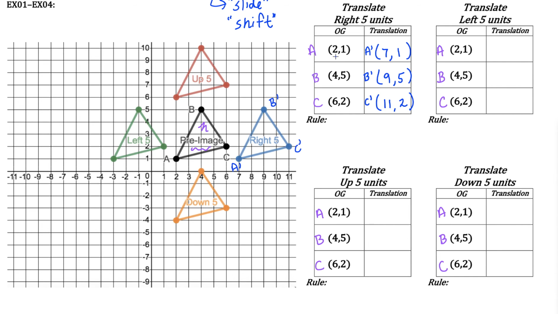If you see, from 2, 1 to 7, 1, the 1s are the same, the 5s are the same, the 2s are the same. But if you notice, this 2 changes to a 7, this 4 changes to a 9, the 6 changes to an 11. All we're doing is we're taking the x's. So we originally had x's and y's, right?